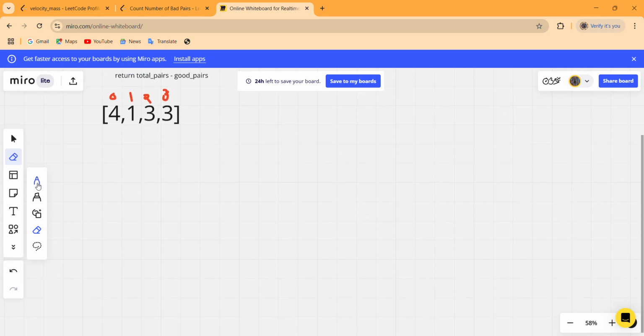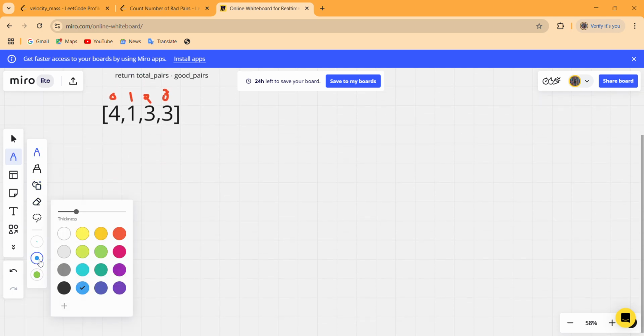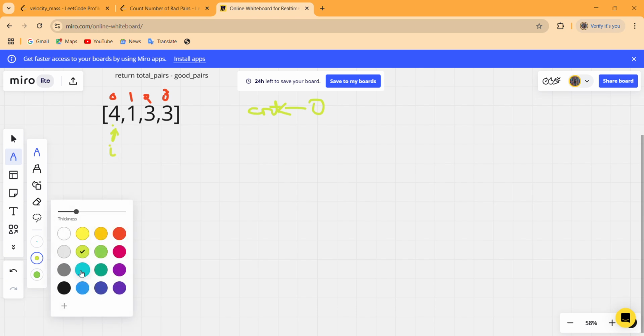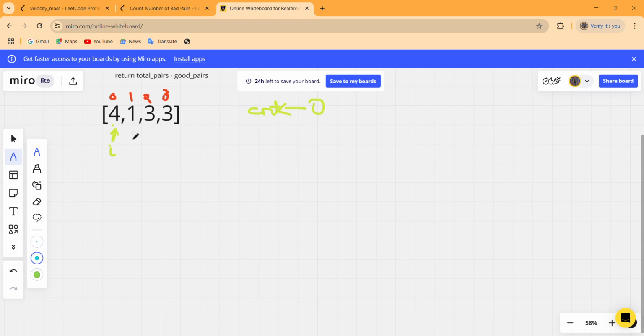First, take this example. Let us initialize a cnt which starts from 0, and let us start i from here. For every i, let us assume j starts from its next position.